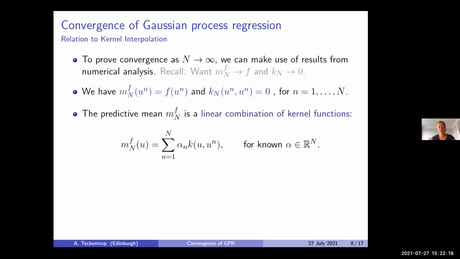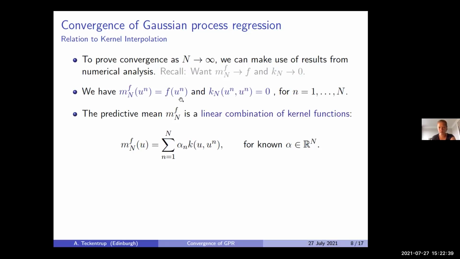To do that, we can make use of the explicit expressions that we have. Remember, I told you we do have explicit expressions for what the posterior mean is and what the posterior variance is. If we look at the posterior mean, we can see that it has two properties.